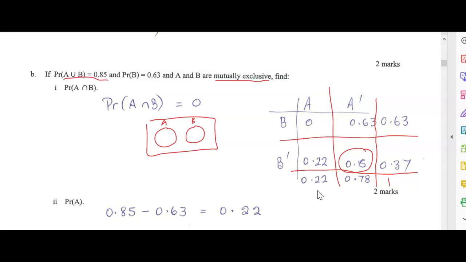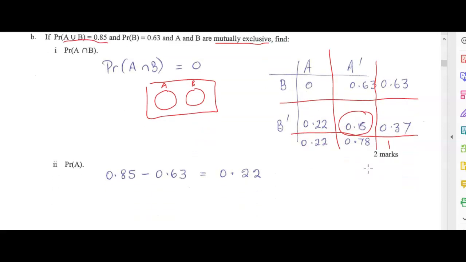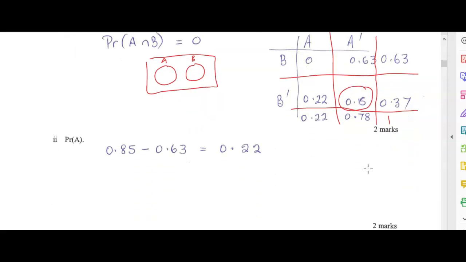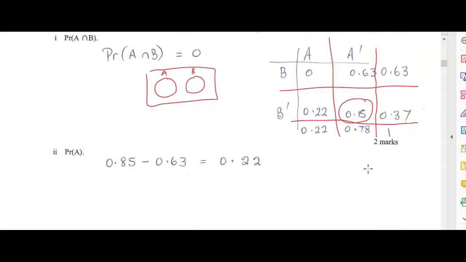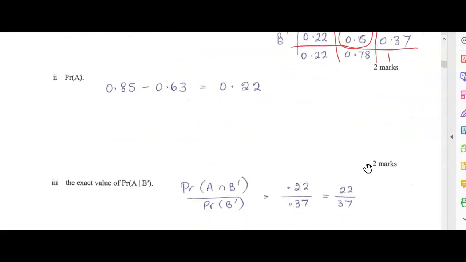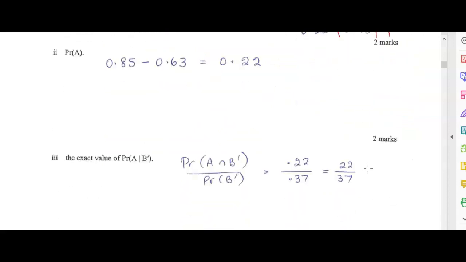So that means the probability of A is 0.22 because it has to add up to 0.37, and then you can complete it there. So the trick was identifying that 0, knowing it has to all add up to 1, and that 0.15. All right, so there's your probability of A. I always like drawing two-way tables more than Venn diagrams.